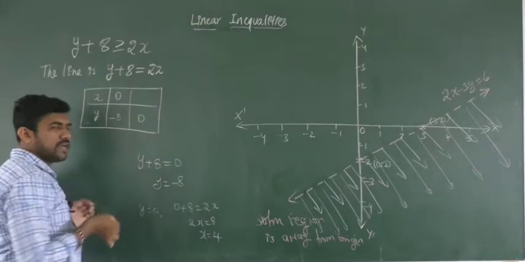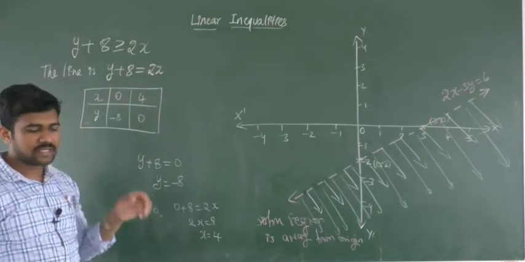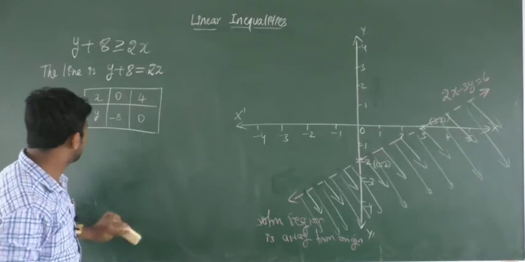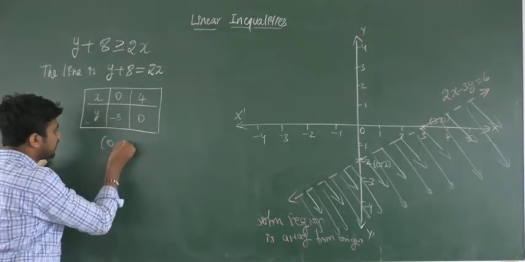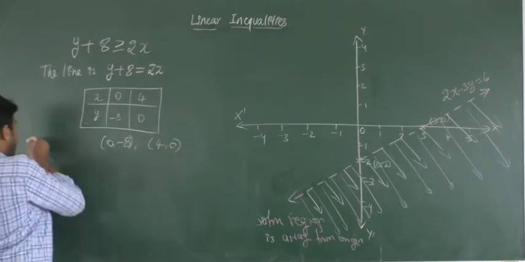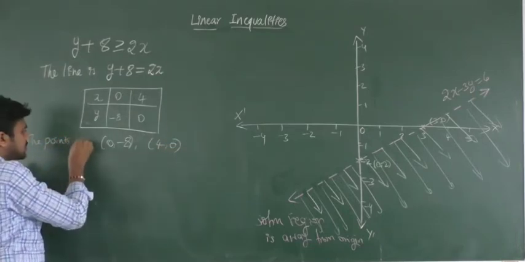So when y is equal to 0, x is equal to 4. So you got the points on the coordinate axes. They are 0 comma minus 8 and 4 comma 0.